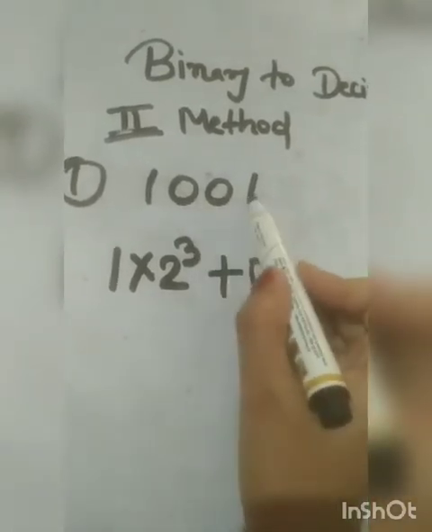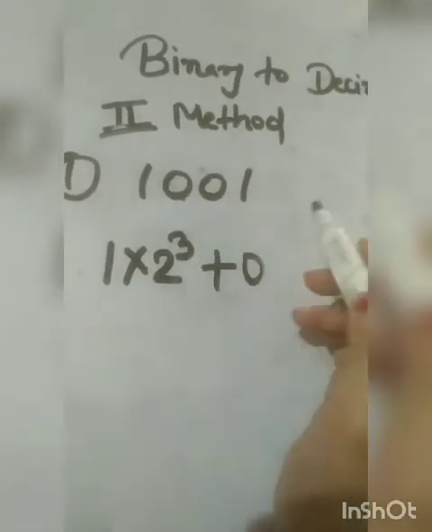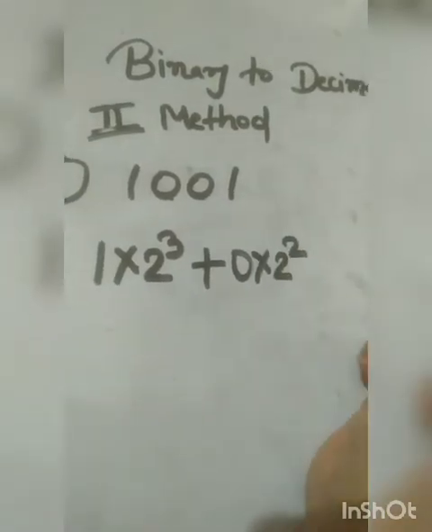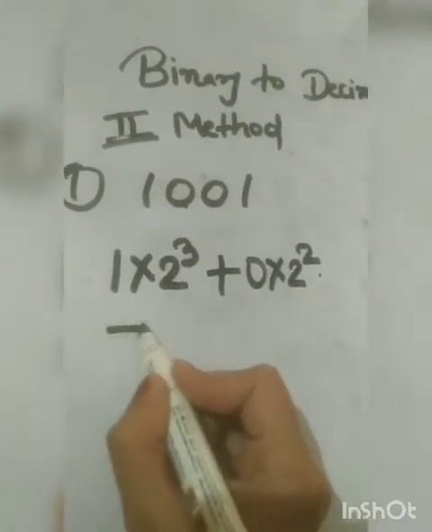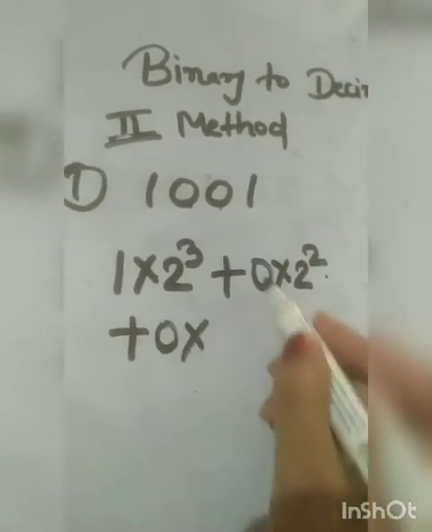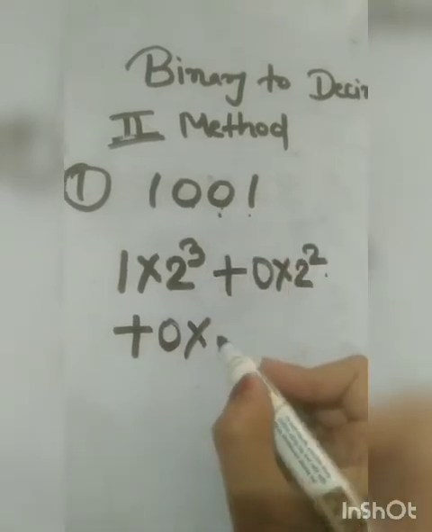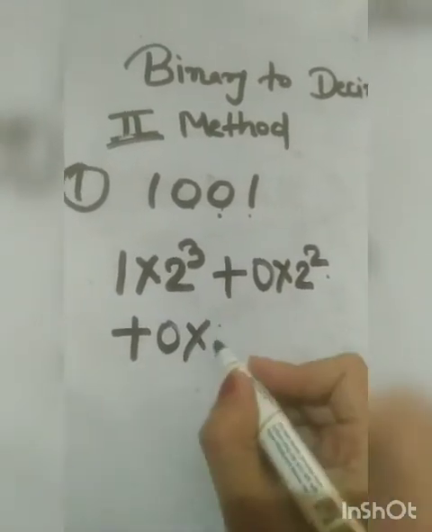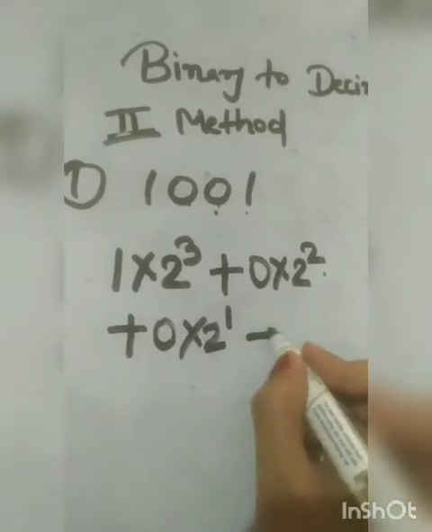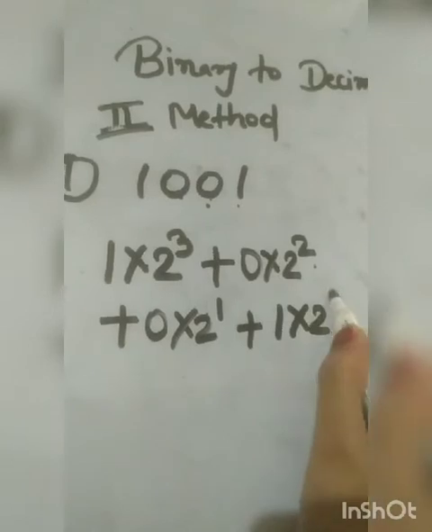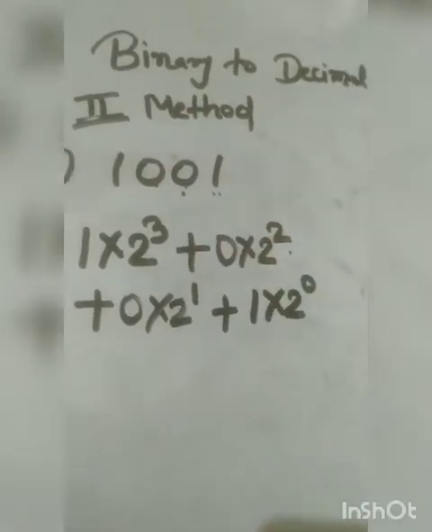Plus write 0, the second number. And what is the position? 0, 1, 2. So multiply with the base 2 to the power 2. Now again plus write this 0 again. And what is the position? 0, 1. So 2 to the power 1. Plus write the last 1 multiplied with 2 to the power 0 because the position is 0.